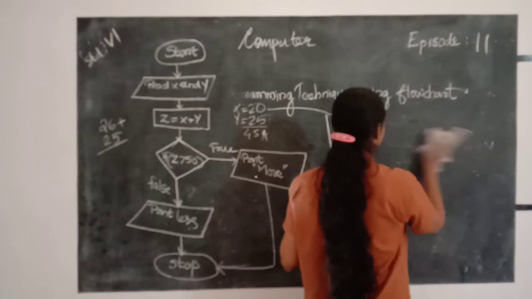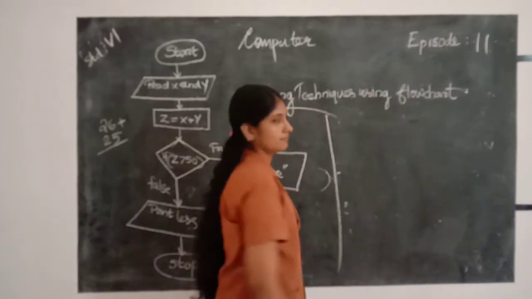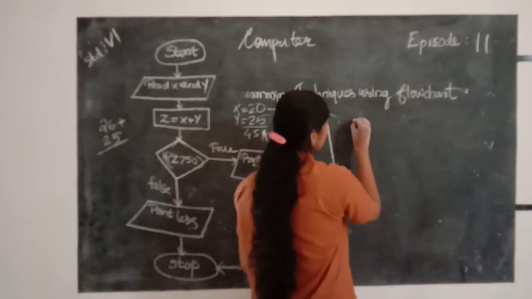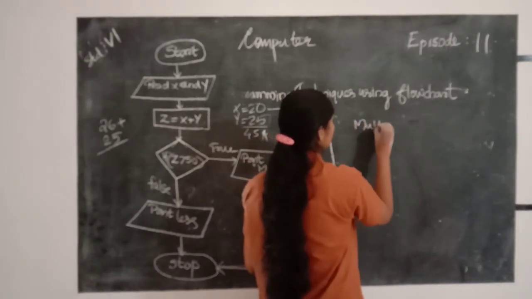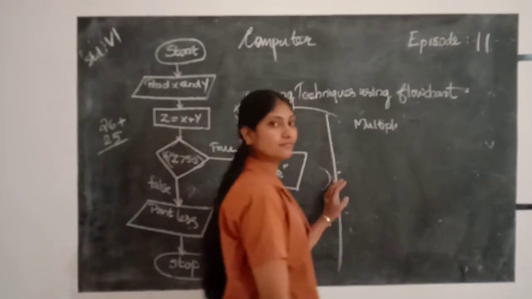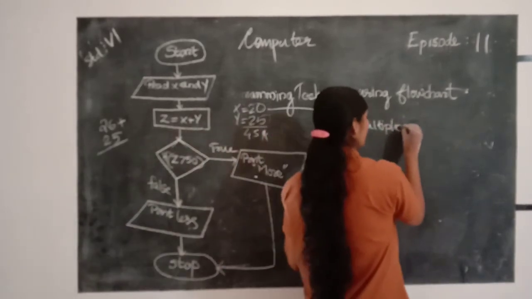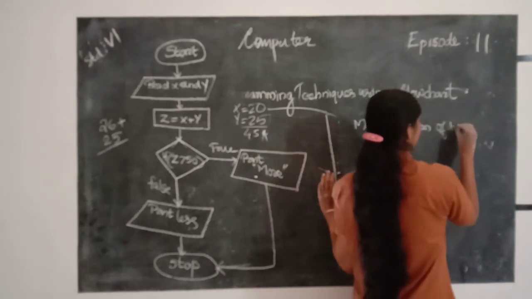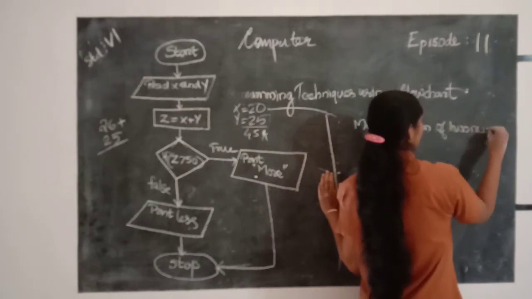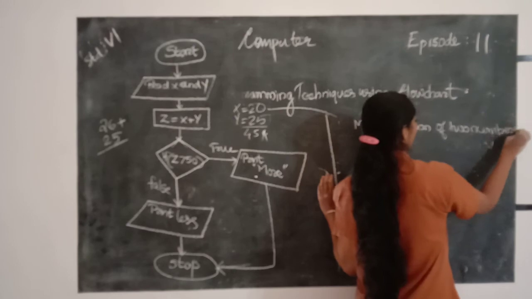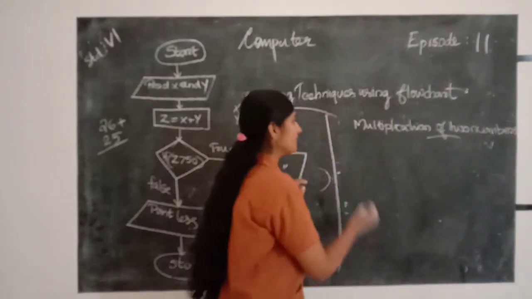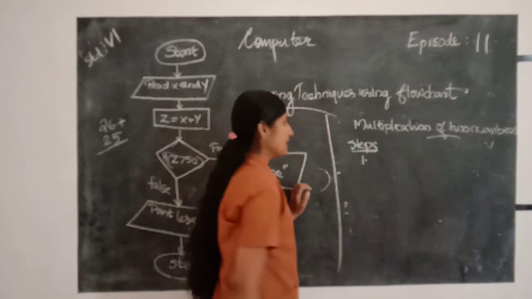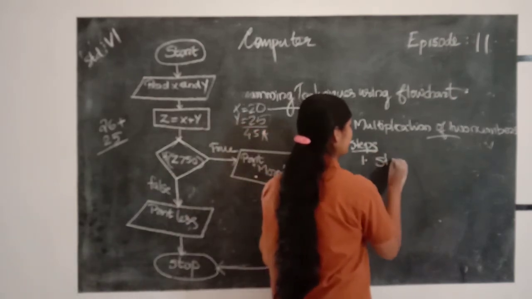Let's take another example. Multiplication of two numbers. So what's the algorithm or the steps for finding the multiplication of two numbers? First, step 1: start.